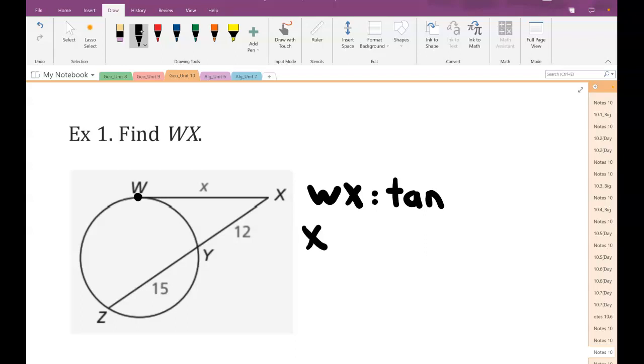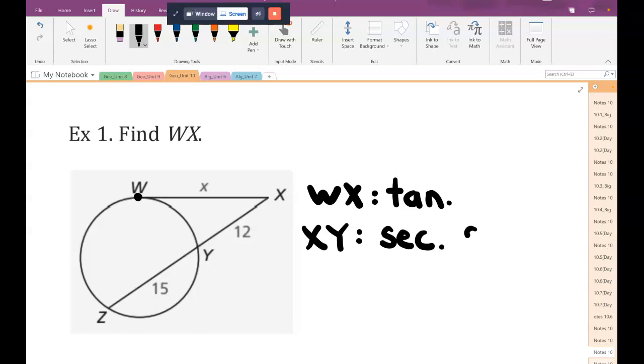The segment XY, which has a length of 12, that's our secant segment. I'll just abbreviate SEC, SEG. And then the length of our whole thing, X to Z, that's just our secant.